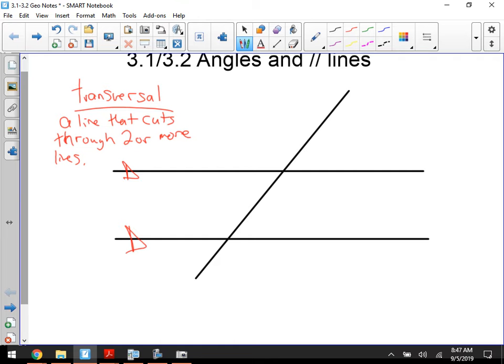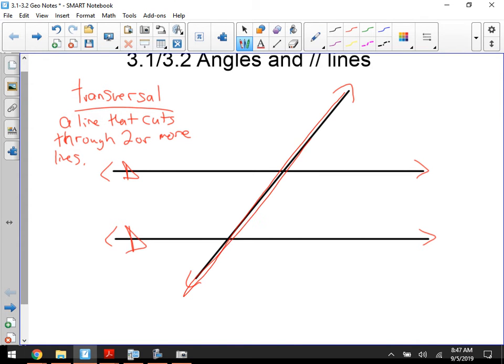Transversal is just a line that cuts through two or more lines. Okay? And what happens here is something pretty easy. These guys are all lines. There'll be little arrows on the end showing that they're directional. I've got my what are called parallel lines, and then I have my transversal.